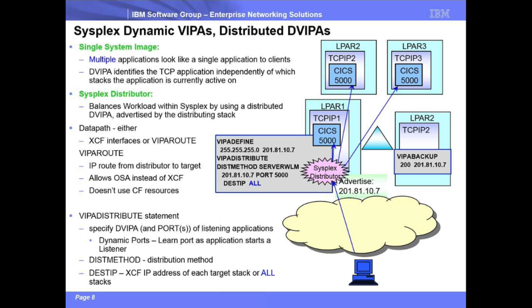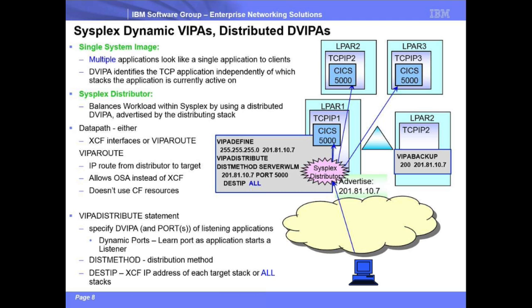As I mentioned, the Sysplex Distributor will load balance to the available applications, and how it selects the application depends on the distribution method, which I'll talk about in the next chart. The last thing to look at on the actual configuration statement is the DESTIP statement.